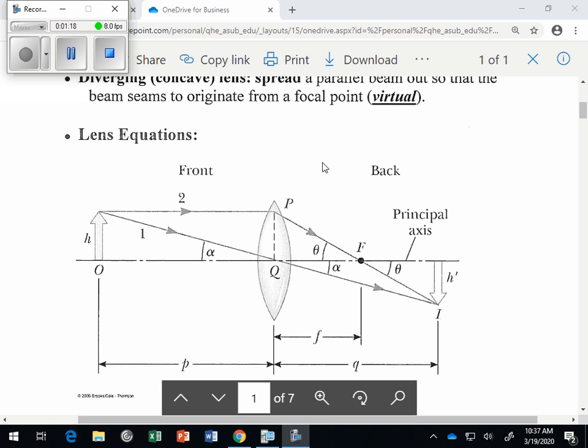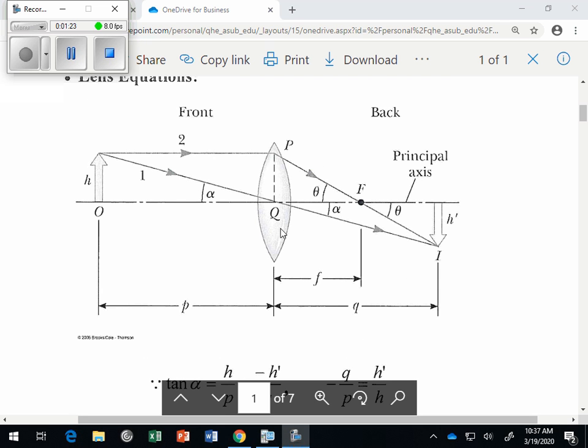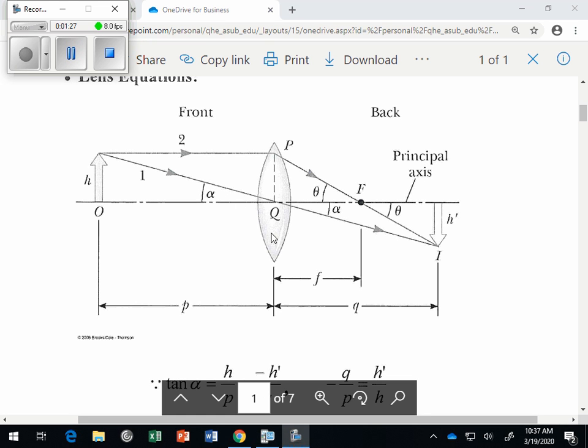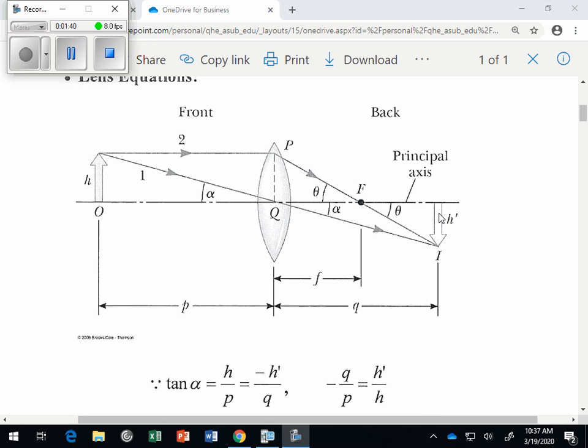So now we're going to work on the lens equation. There are two important ones. Okay, we start from here. This is the lens, and here's the object. This distance we call the object distance P. And then we assume the image is on the other side.